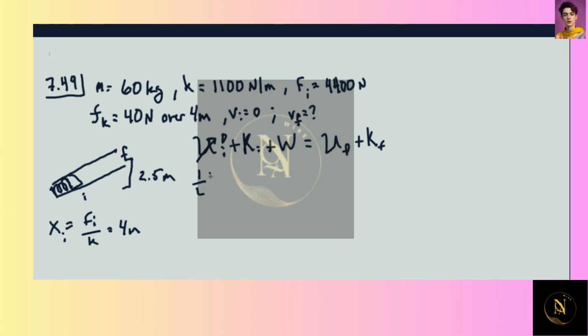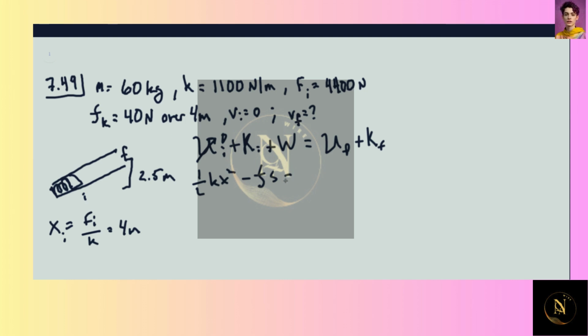So we have, this is initially 0 because he's starting off from what we're calling y equals 0. So we have 1/2 kx squared. x is the 4 meters we just found. And then the work friction does, we're just told the force. So it's F times S. S is the 4 meter length along which he's going to be sliding through the tube.